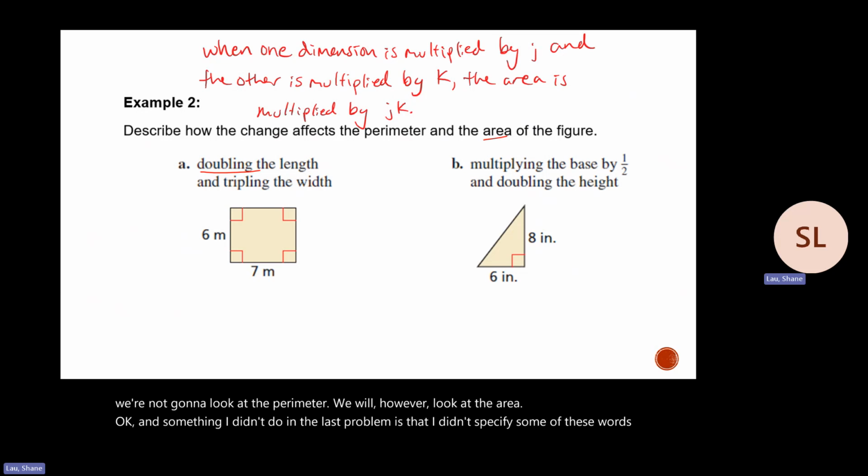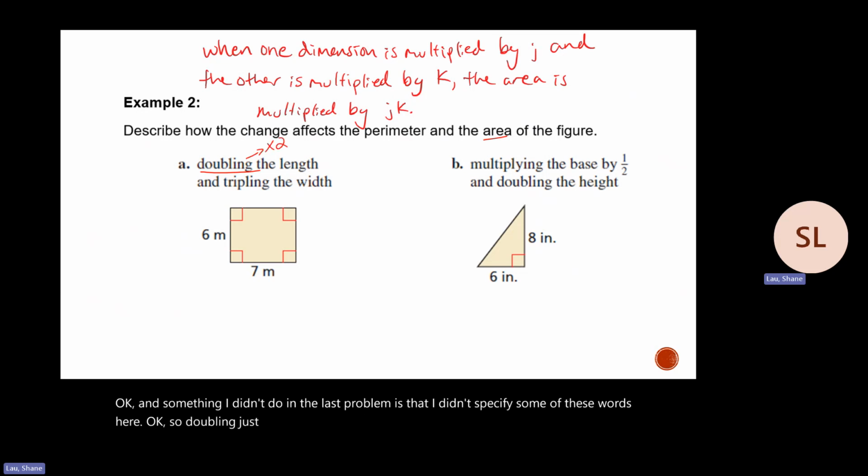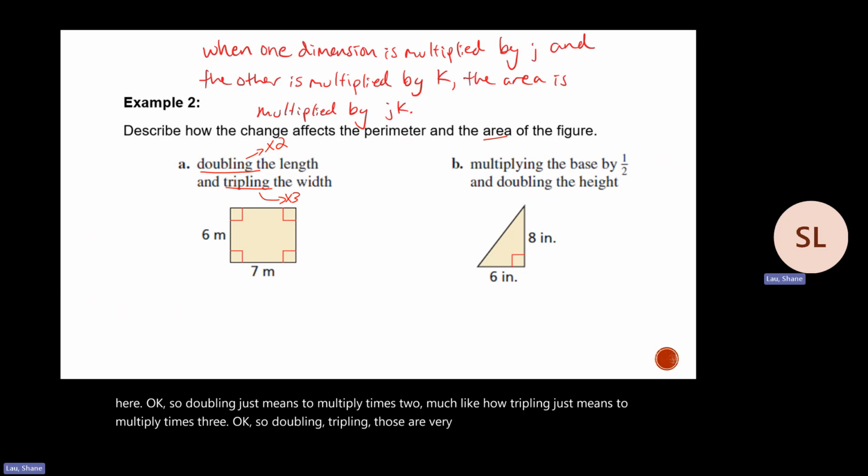Doubling just means to multiply times 2, much like how tripling just means to multiply times 3. So doubling, tripling, those are very common words that you could use, obviously in real life speech, but also in our mathematical speech. So make sure that you know what doubling and tripling mean in a mathematical sense.